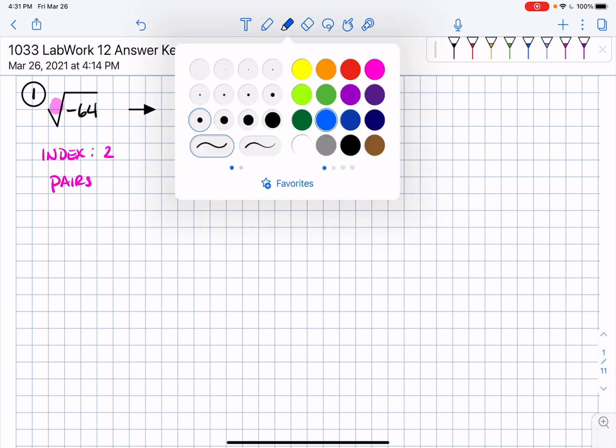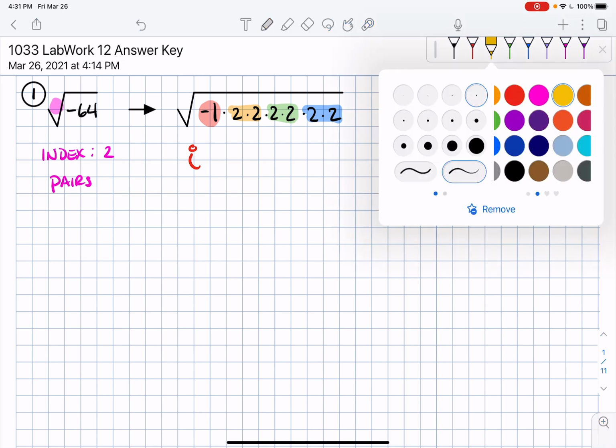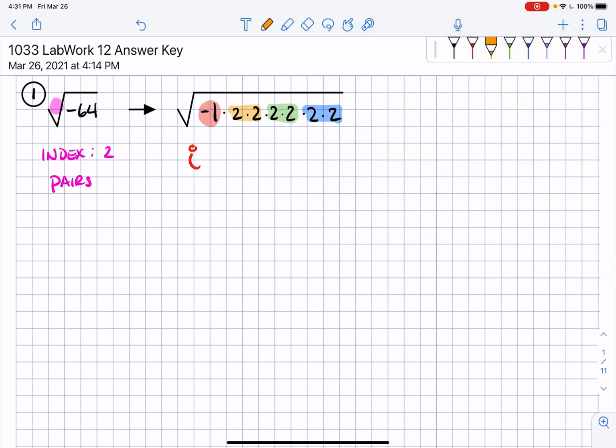And then don't forget that this right here, the negative 1, is going to give you an i, right? So we got perfect sets of pairs, and the square root of negative 1 comes out as an i.